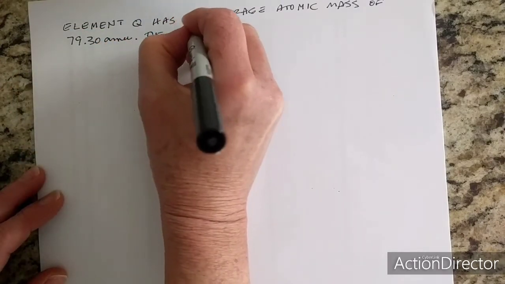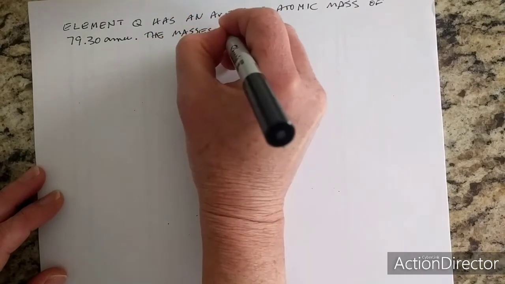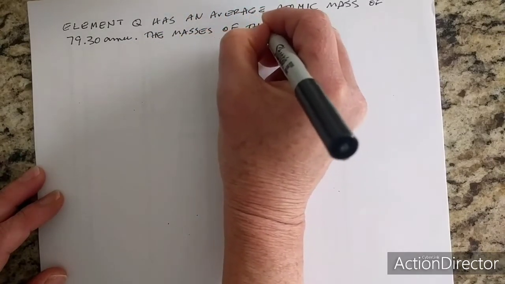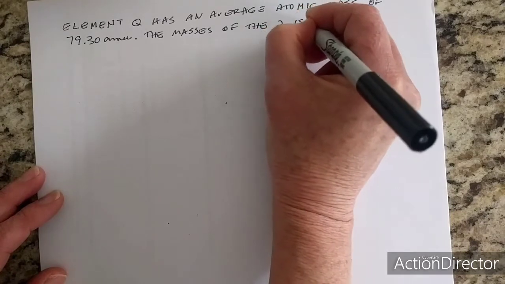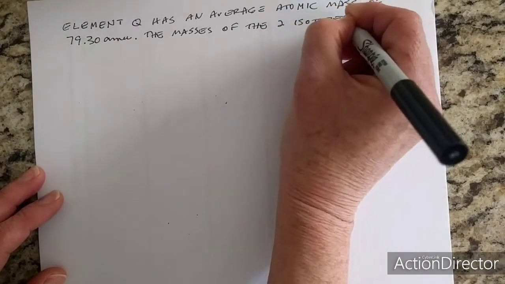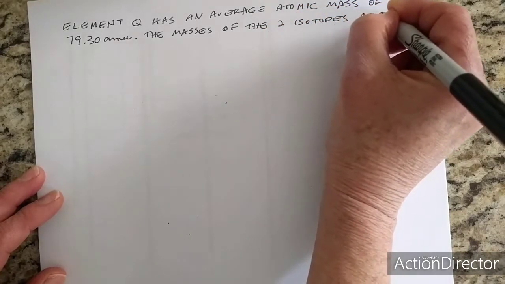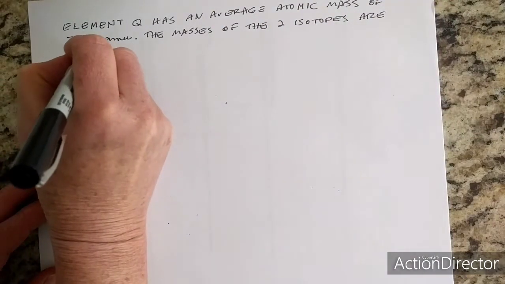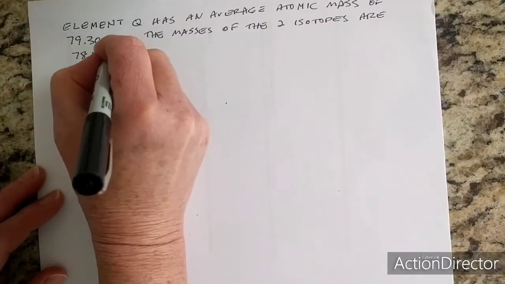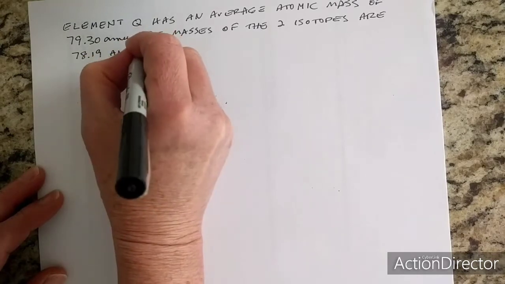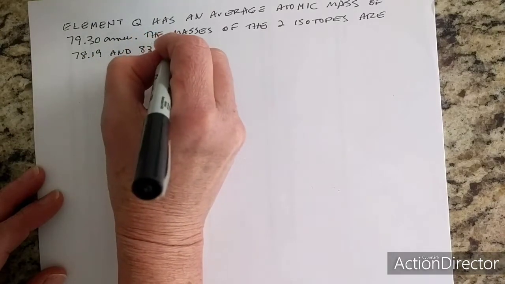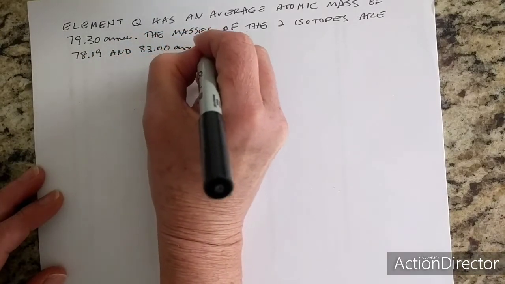The masses of the two isotopes are 78.19 and 83.00 atomic mass units.